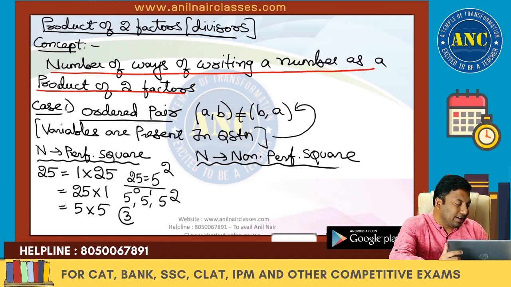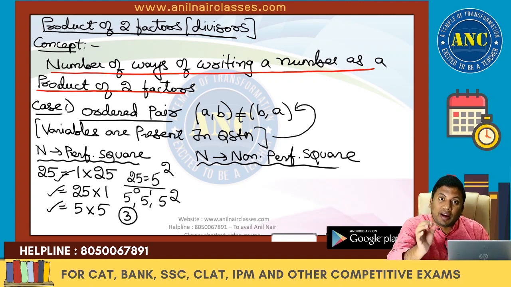Total 3 factors are there: 1, 5 and 25. How many ways did you get? One way, second way, third way. That means if n is a perfect square, the number of ways of writing a number as a product of two factors is equivalent to the number of factors.